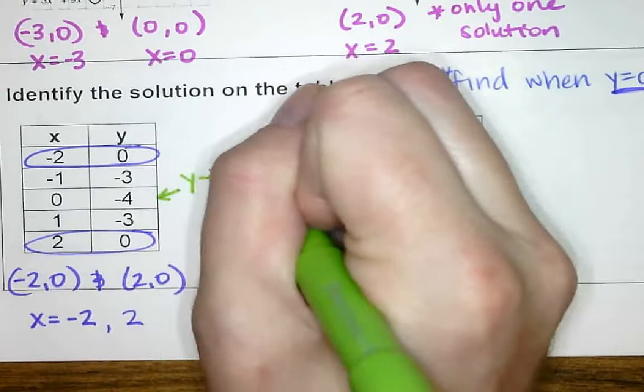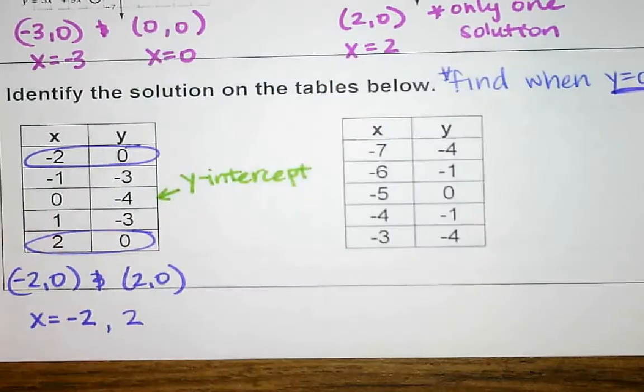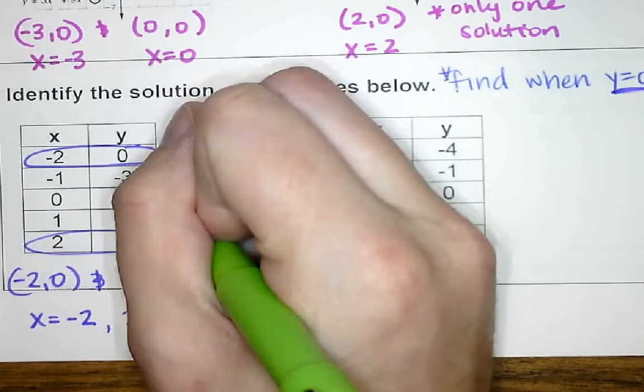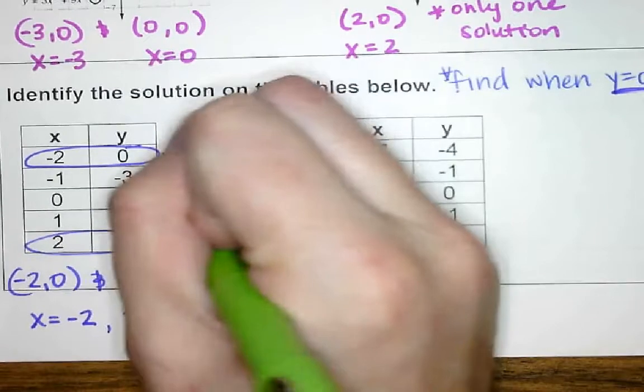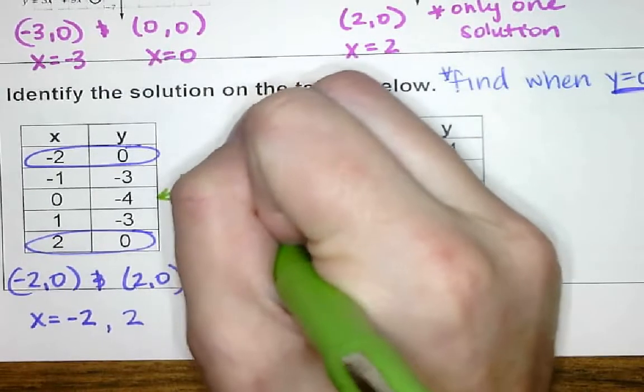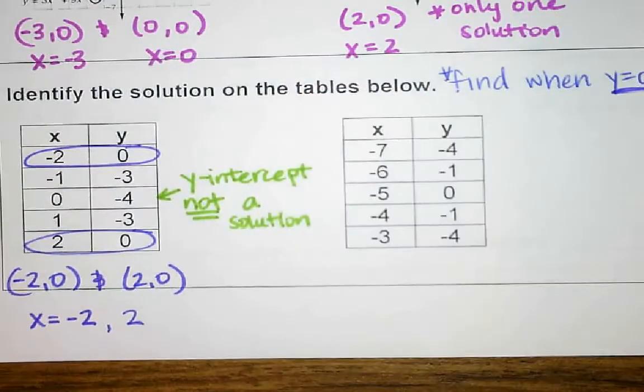It's still an important point, but it is not a solution. Does that make sense, you guys? So this is your y-intercept. It's an important point, but it's not a solution. All right, y'all? So I would just keep your eye out for that. All right? That would be the best wrong answer in this case right here.